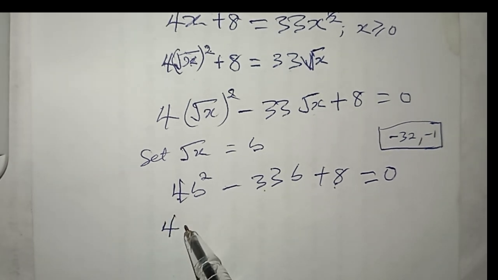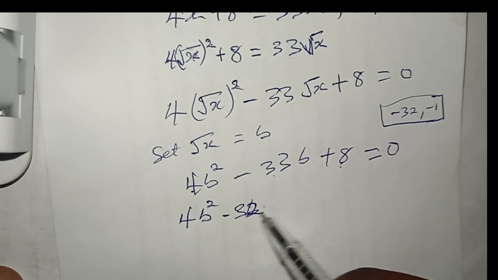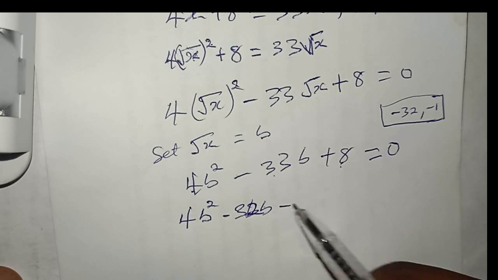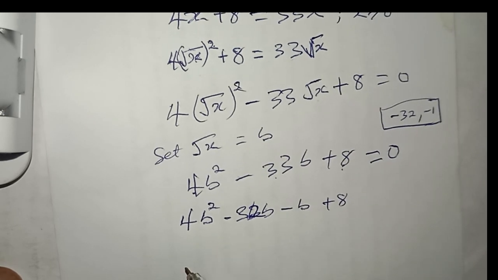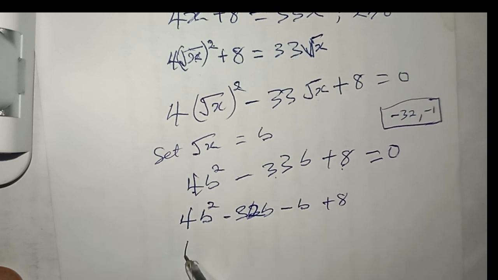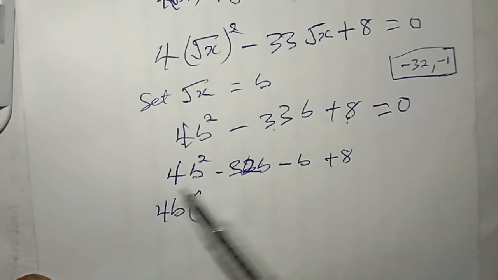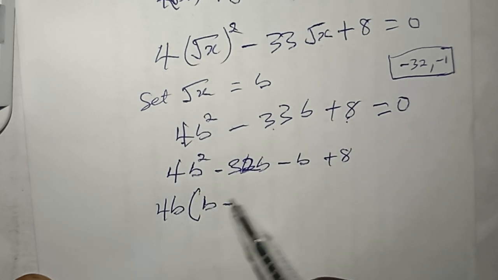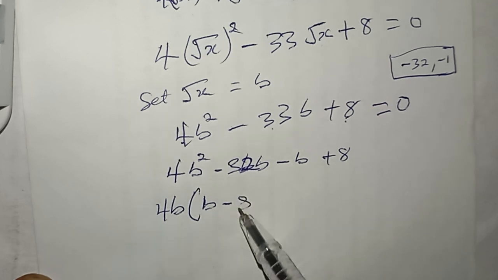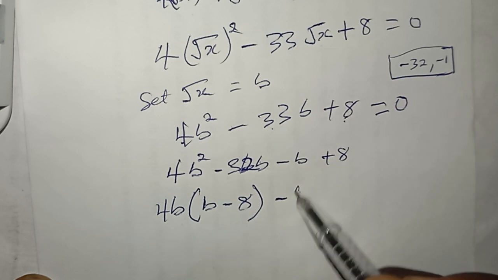So I'm going to use the sum to replace this minus 33 right here. So what I'm going to have is 4b squared minus 32b, minus b plus 8. Now I can go ahead to factorize. 4b is common here, so if I factorize 4b, b remains, and then if I factorize out the 8 here, 8 will remain, and I can put this one in bracket.